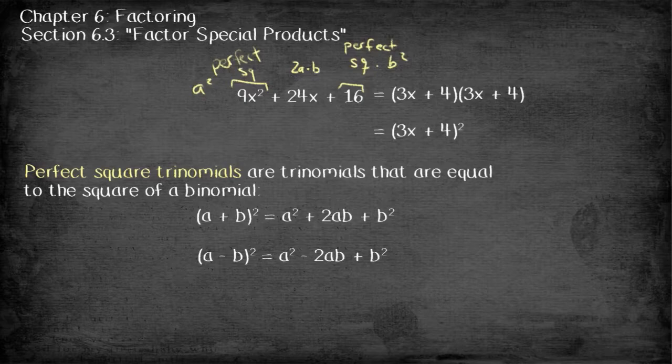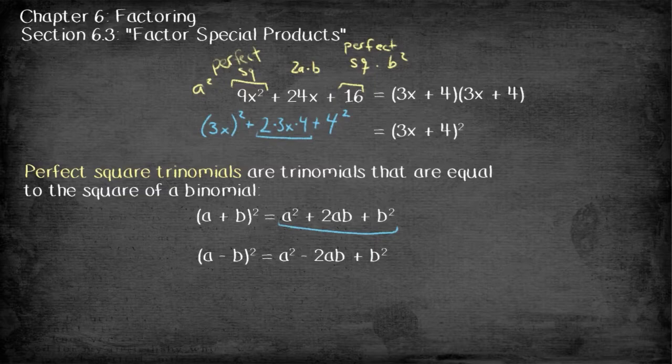So for our example, we see that 9x squared, that's (3x) squared, because of properties of exponents. And 16 is 4 squared. And this middle term, 24x, is 2 times 3x times 4. So it satisfies this formula, which means it is equal to (3x plus 4) quantity squared.